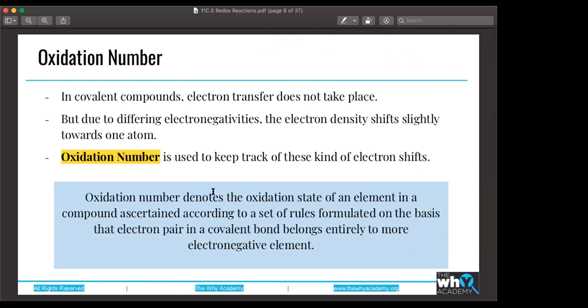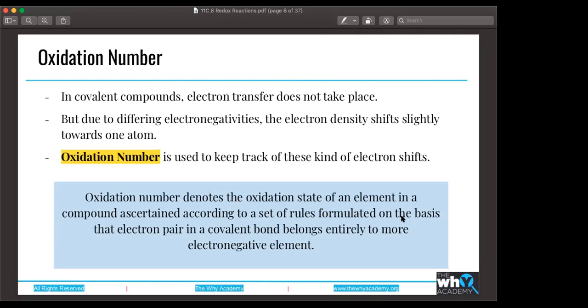All right. So oxidation number denotes the oxidation state of an element in a compound, ascertained according to a set of rules. Because oxidation state depends on the difference in electronegativities, on how the electrons are shifting, whether towards an atom or away from an atom, it is obviously not random. It is assigned based on a set of rules.